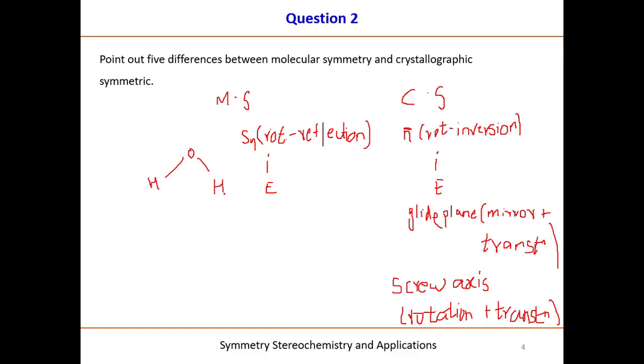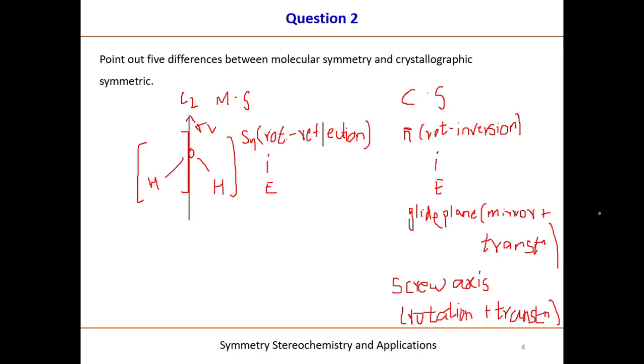In molecular symmetry, the symmetry element passes through the atom of the molecule or the molecule itself. So this is the sigma v, and here we have a rotation axis also, C2, like this.